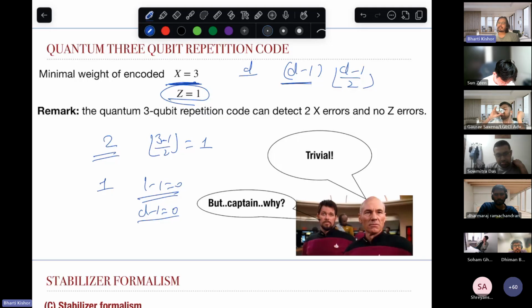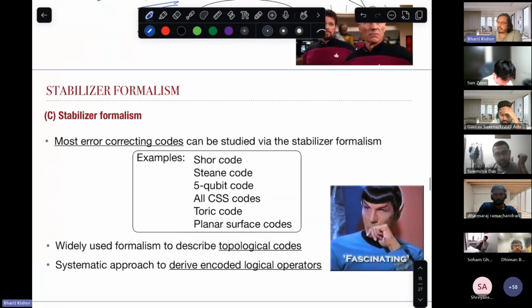To understand quantum codes, there exist many formalisms, but one of the most popular is the stabilizer formalism. So for the remaining part of the tutorial today, the next 20 to 30 minutes, I will discuss stabilizer formalism.